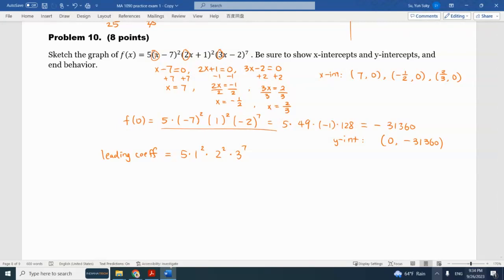So the y-intercept you look at the constant term of each factor, but for the leading coefficient, you look at the coefficient of x in each factor. In this case, you don't need to calculate what this giant number is. We just care about whether it's positive or negative. It's positive, so you start with the right upper corner.